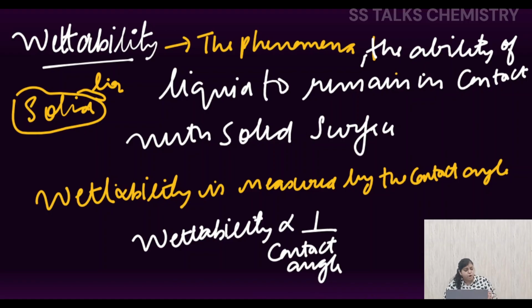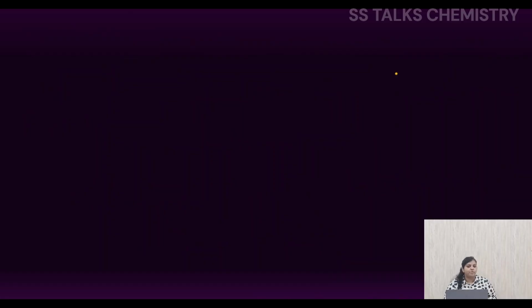That means the smaller the contact angle, the more the wettability of a substance. You can see this in the paintings that you do, that is, for coating a particular substance. You make the contact angle small, so you will have more wettability. That I'll be telling later on. Firstly, let us see what the contact angle we are defining here is.